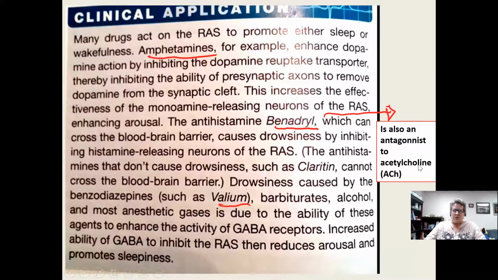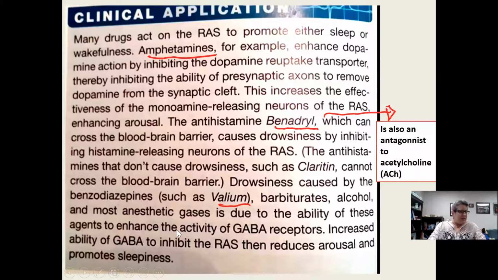Benadryl also blocks acetylcholine activity of the brain. So you get drowsiness for two reasons: it's an acetylcholine blocker, and it inhibits the reticular activating system. So that's why you get drowsy, or some people do. And Valium also causes drowsiness because it enhances GABA action. So it's a GABA agonist. We've mentioned that one before too.